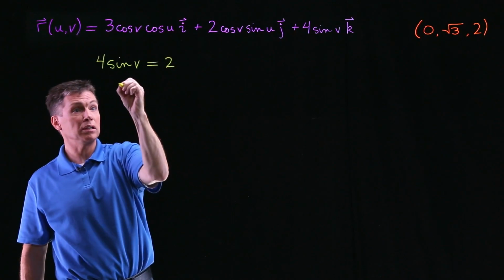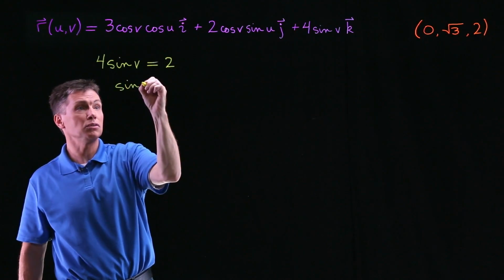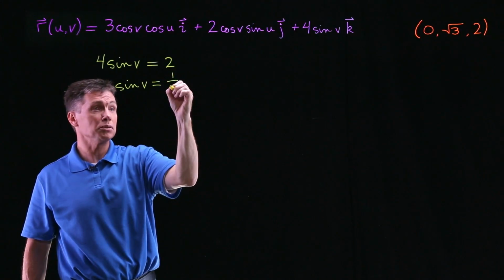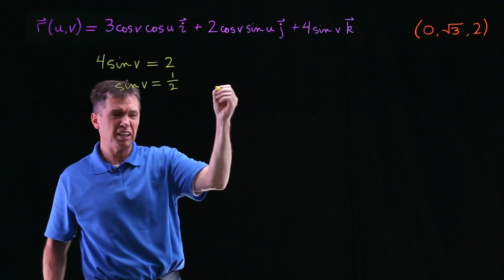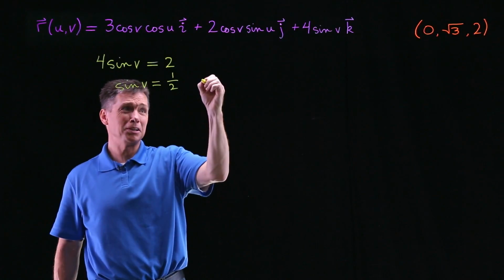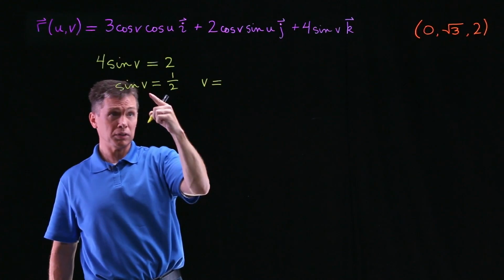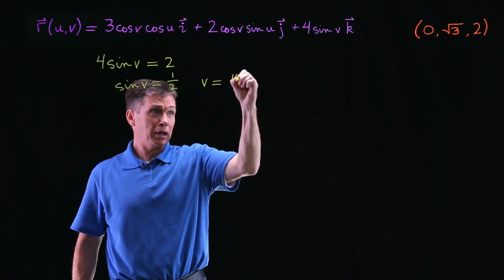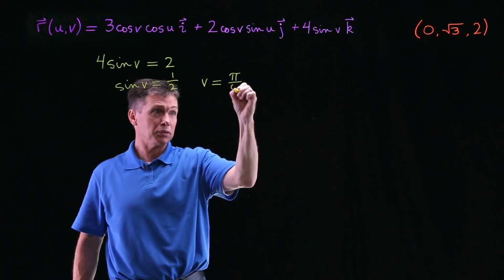And you see, this is going to allow us to solve for v. Sine of v equals 1/2. Let me slide over. I'm going to need a bit of space here. So where does the sine of v equal 1/2? v is going to have to equal pi over 6.